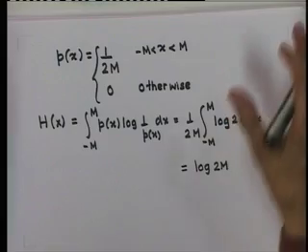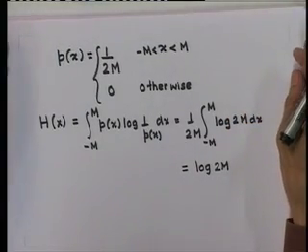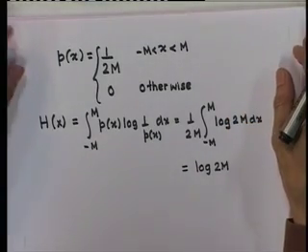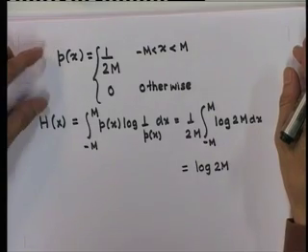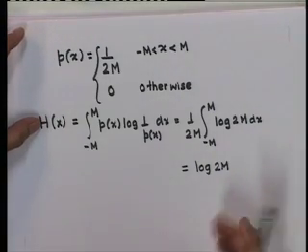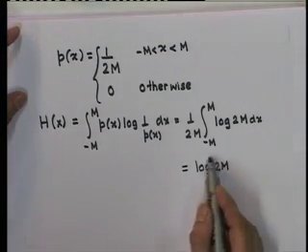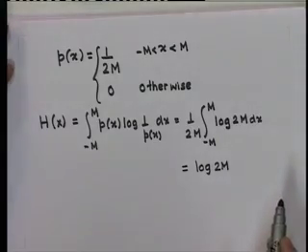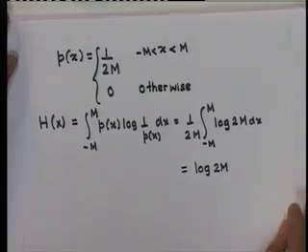So, for the case where we have a uniform distribution, the differential entropy is maximum and the value is equal to log of 2 m.